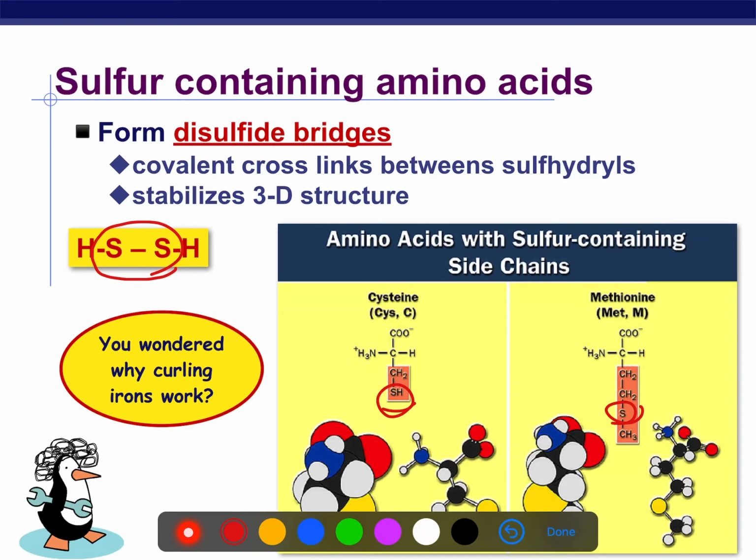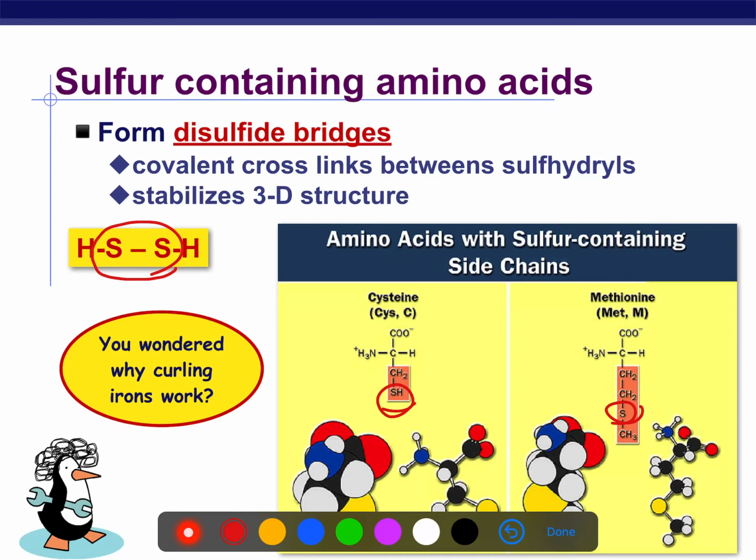What's kind of interesting about disulfide bridges is that those are the bonds that you're making and breaking when you curl or straighten your hair. They're really susceptible to heat. When you curl your hair, and your hair is just a big protein, and you get those disulfide bridges hot, you break them.